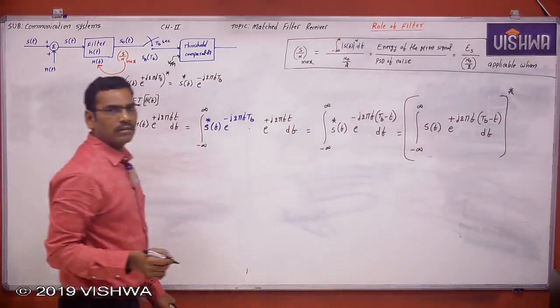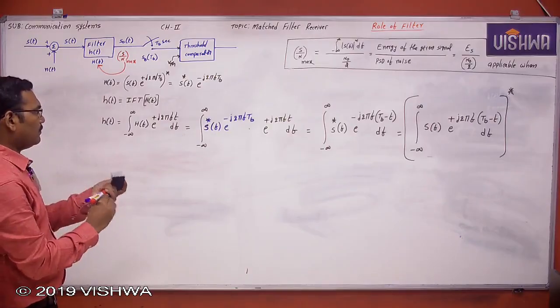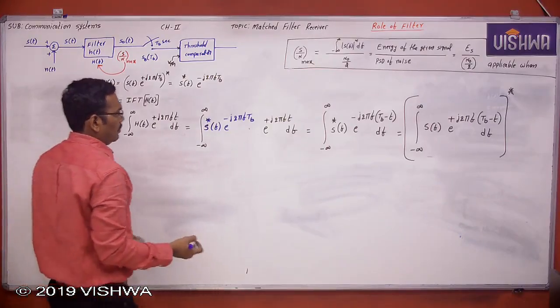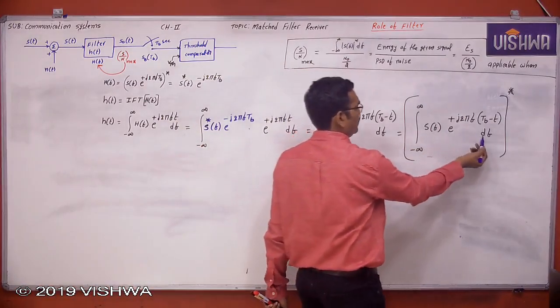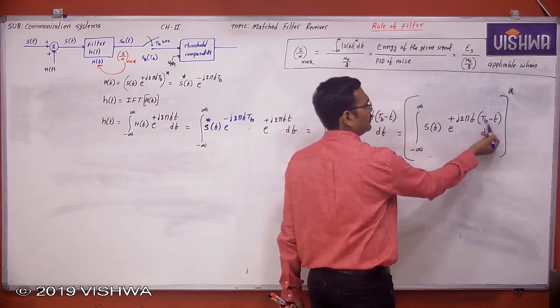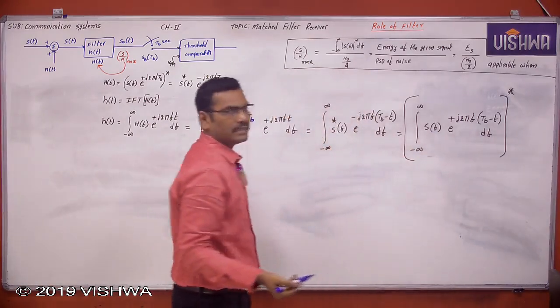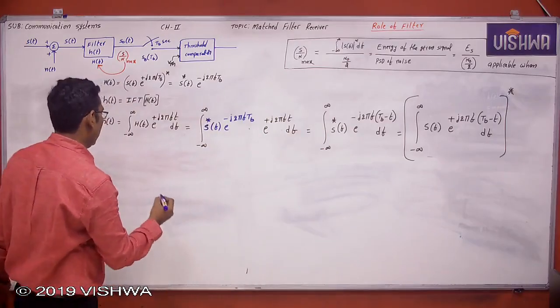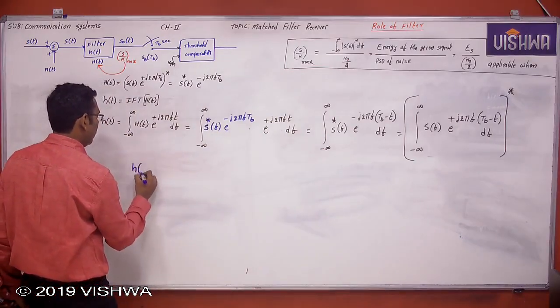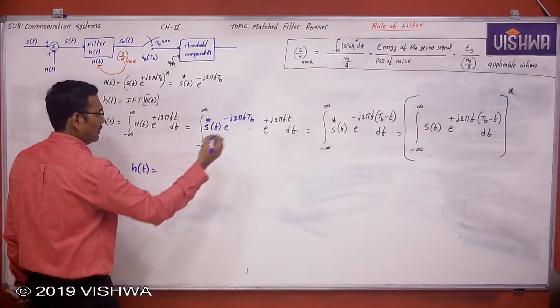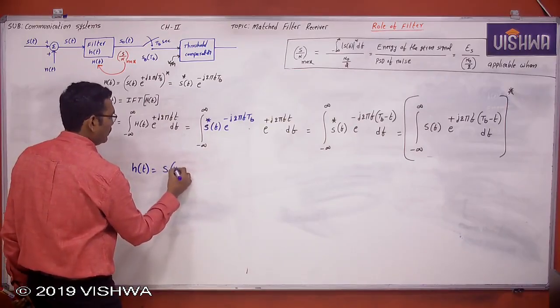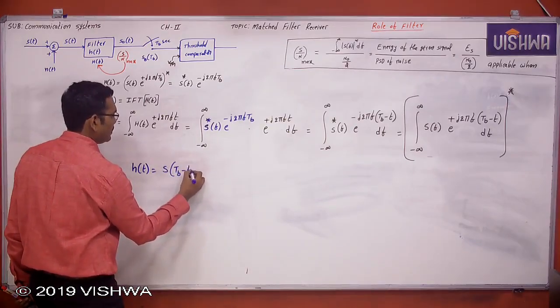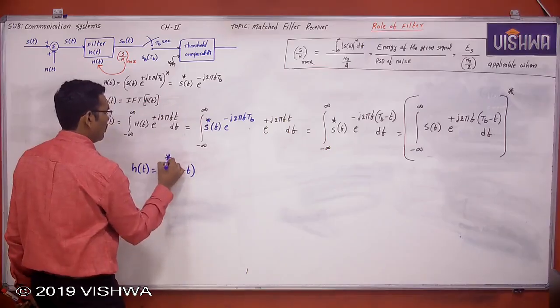So now what is h of t? See here, H of f is integrated with df, but this is t actually, therefore that is s of t. But what is here? Now h of t is nothing but s of (tb minus t) complex conjugate.